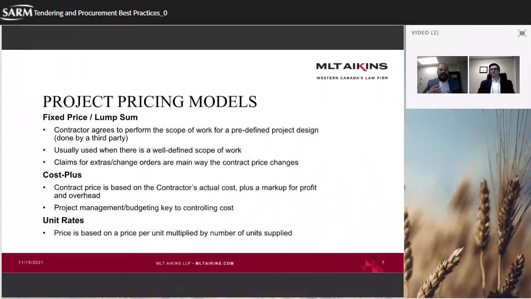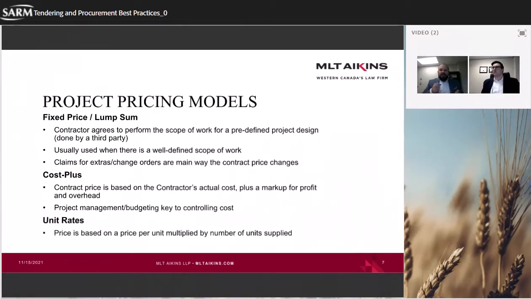However, I'll note that internationally, this notion of fixed price lump sum contracts is really diminishing, especially for very large commercial construction projects, and it really doesn't exist much anymore in the industrial sector either.